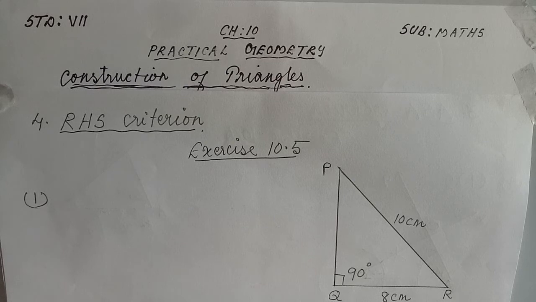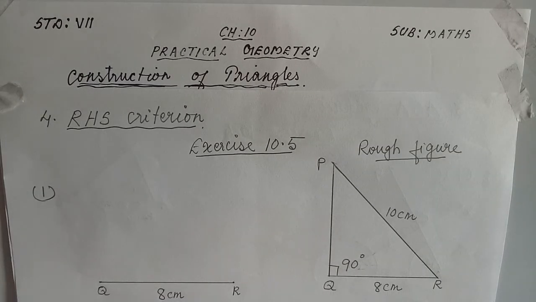So here listen. First what you have to do is draw line segment QR of 8 cm. So line segment QR of 8 cm. That's the first step. Now next, at the point Q, draw a perpendicular to QR.